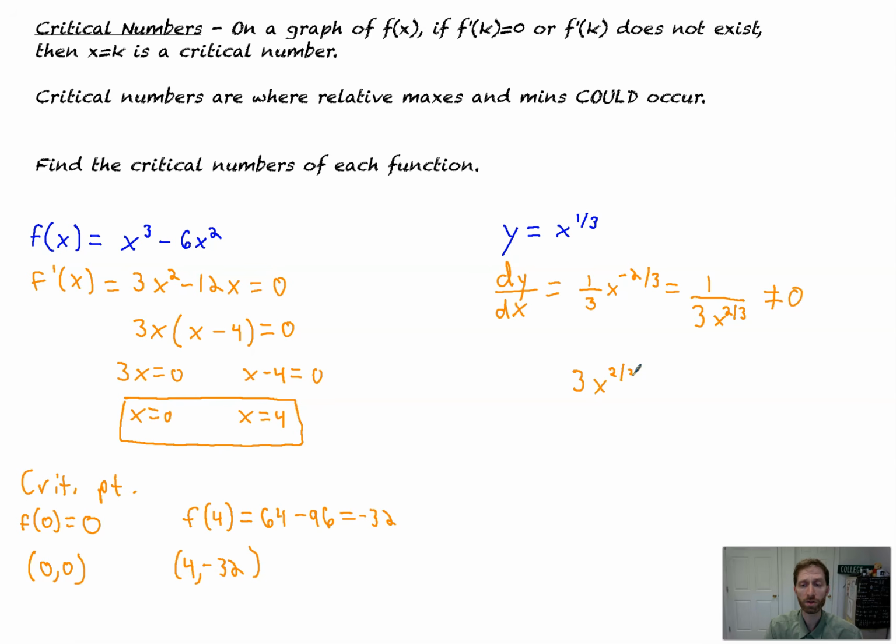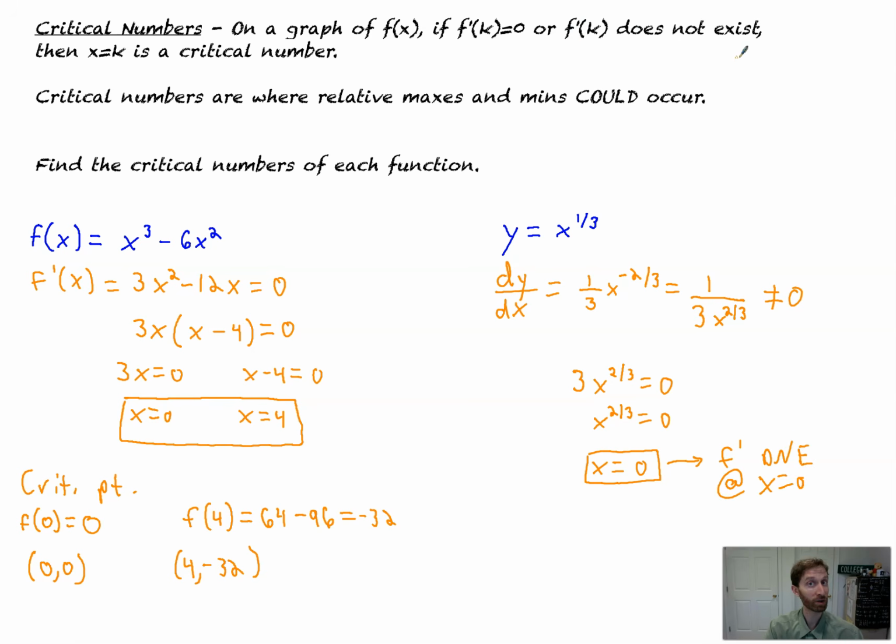So 3x to the 2/3 could equal 0. And when it does, that would make this derivative undefined at a certain point. That occurs when x to the 2/3 equals 0, which is when x equals 0. Okay, so what does that mean? Well, that is a location where the derivative does not exist. So f prime DNE at x equals 0.